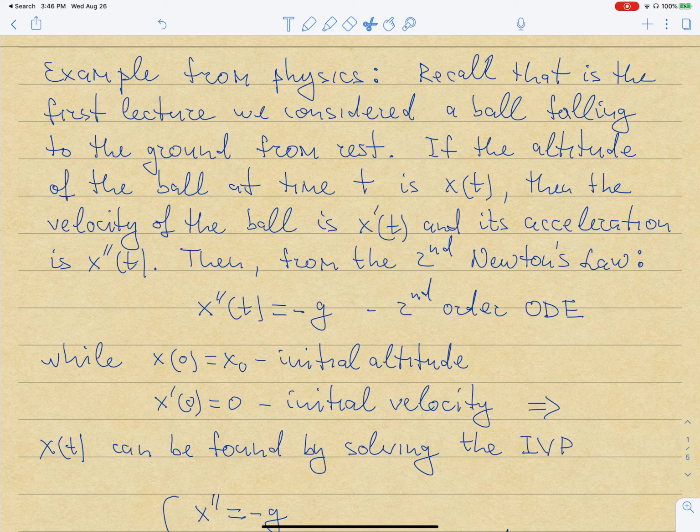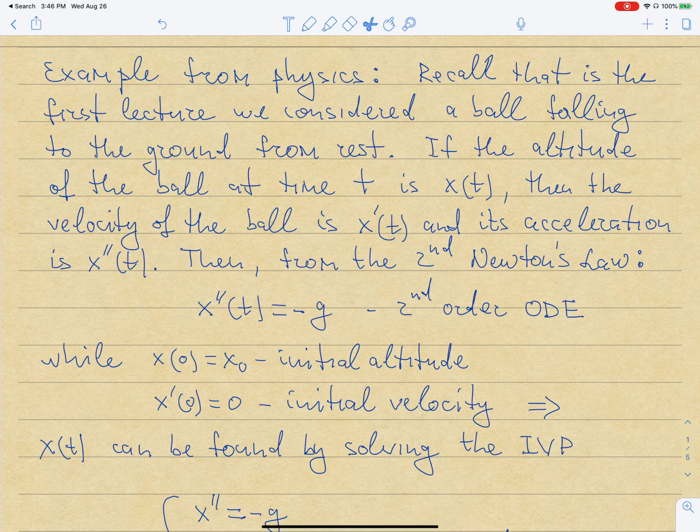So you just hold the ball at the height x0 above the ground, and you simply release it, and it falls to the ground under the action of gravity. And I wanted to find the position of the ball at any moment of time. So if you remember, we denote by x of t the height or the altitude of the ball above the ground.